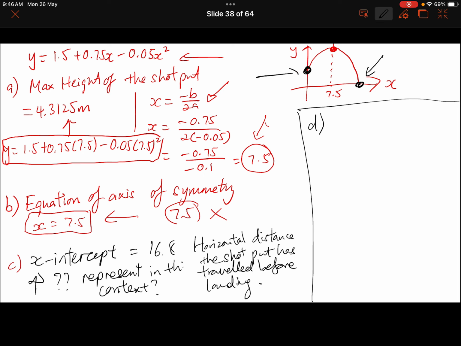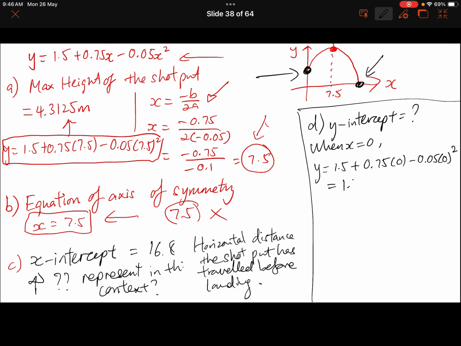Now the y-intercept is basically when x is 0, and we could easily substitute this number into the equation. So you're going to get 1.5 plus 0.75 times 0 minus 0.05 times 0 squared. So you're going to be left with just simply 1.5, because this is going to be 0, this is going to be 0 as well.